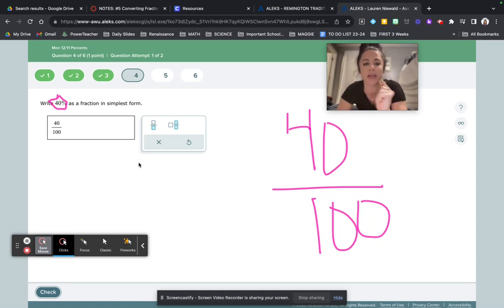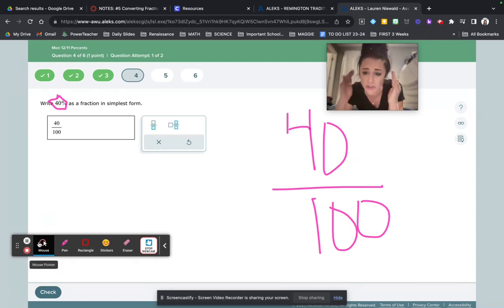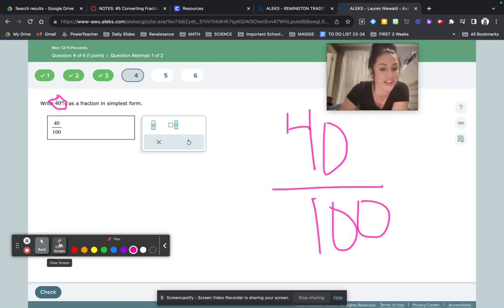So now we need to divide, right? If you get stuck on problems like this, you can use your fact chart. Look to see if you see 40 and 100 in the same column. You will, definitely. I'm going to divide both of these by 20. That's what pops in my head immediately.